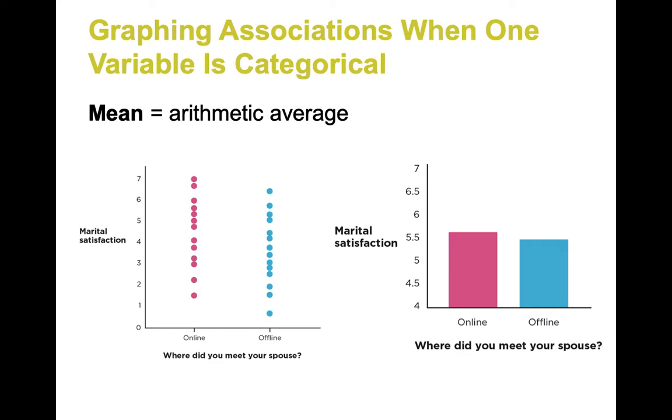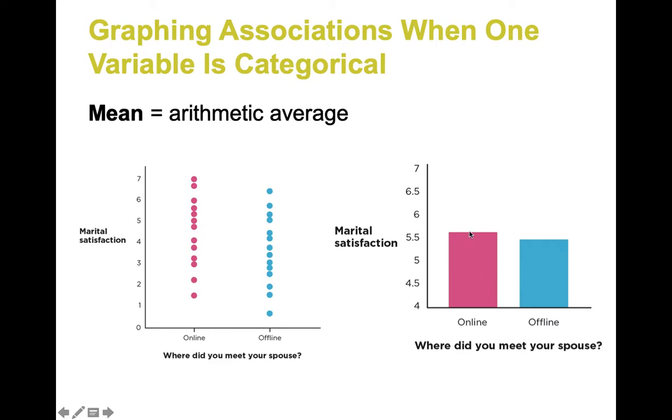So we can see that the average marital satisfaction among spouses that met online is approximately 5.5, but for those that met offline, it's just lower than that, about 5.4. So rather than plotting each data point, we just plot the group mean.